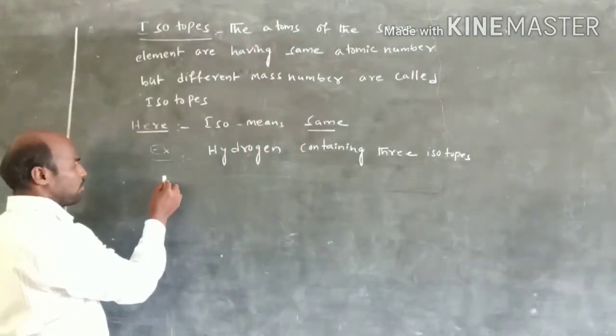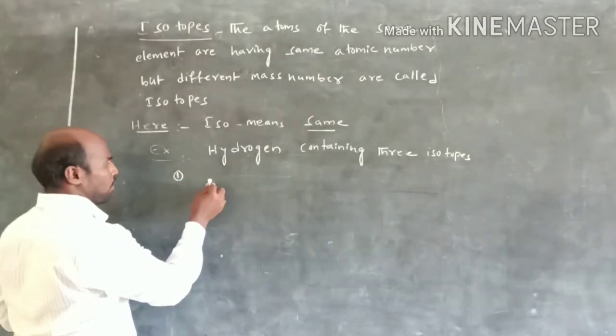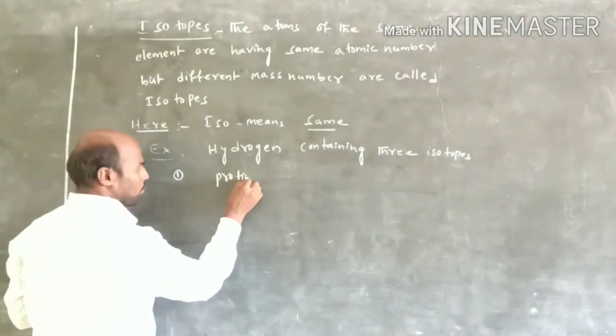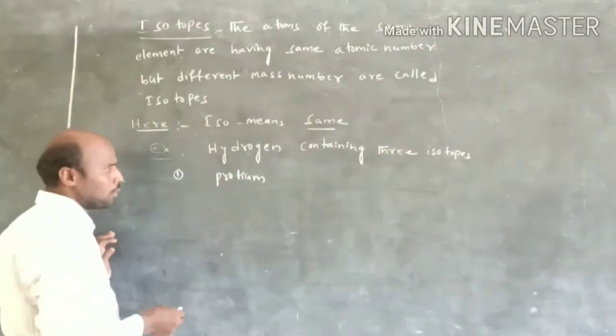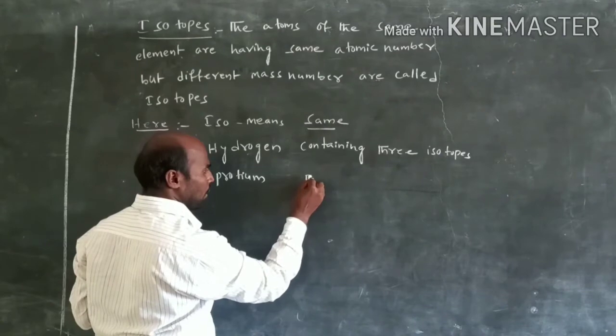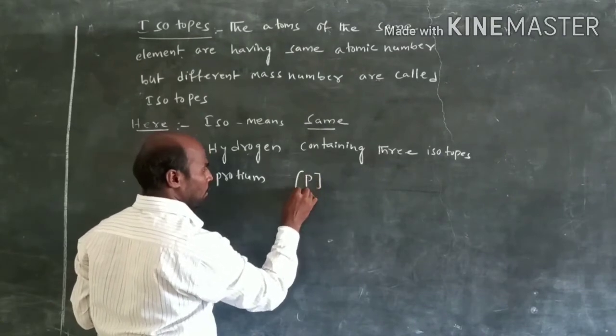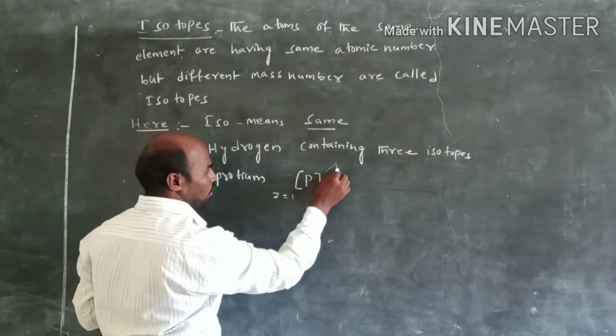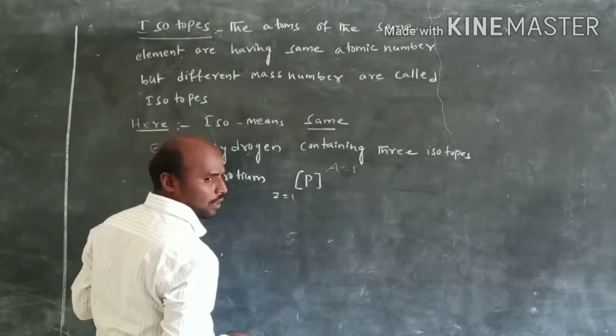One is protium, P, atomic number Z is equal to 1, mass number A is equal to 1.